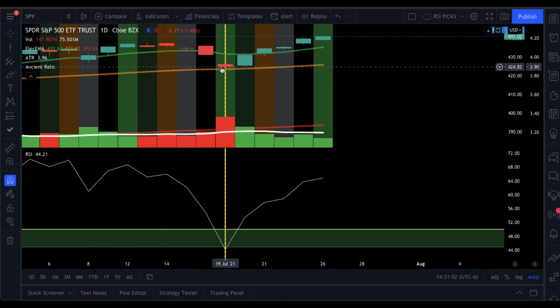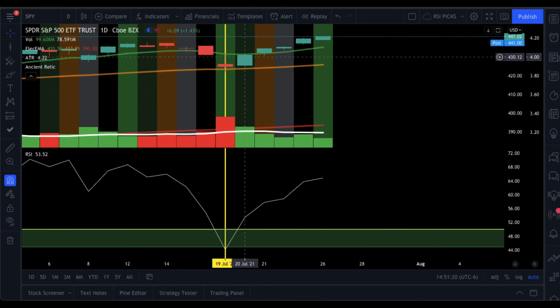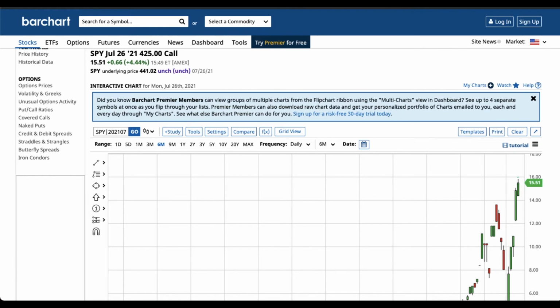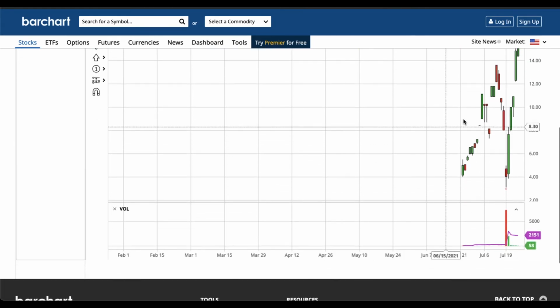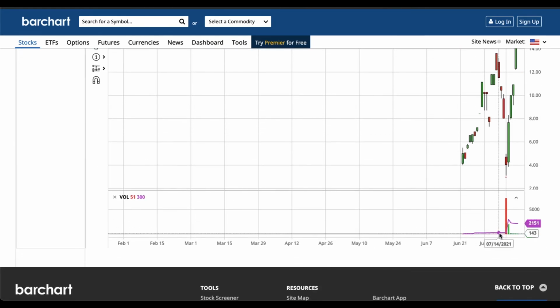When it was down here, it was at 424 on July 19th. If you were going to buy it close to the money, some people might go out of the money, but if you're going to buy it close to the money, you're probably buying at 425. So July 19th, 425. Let's have a look at this chart here. July 19th is right here.